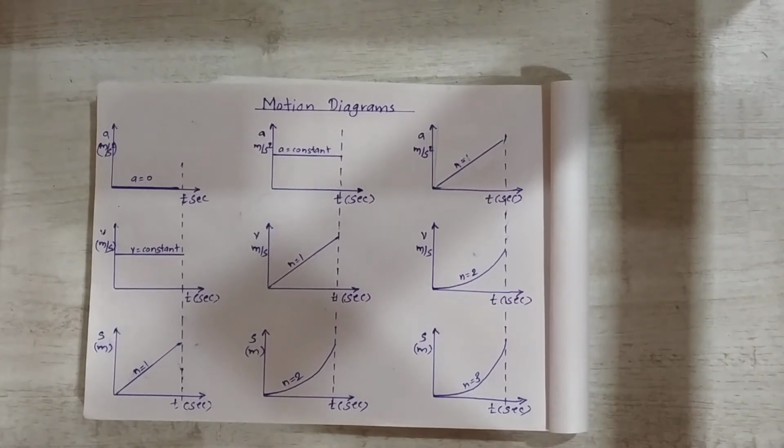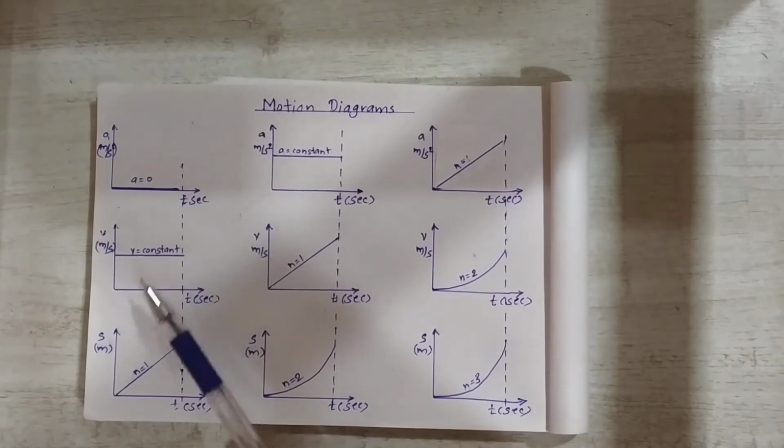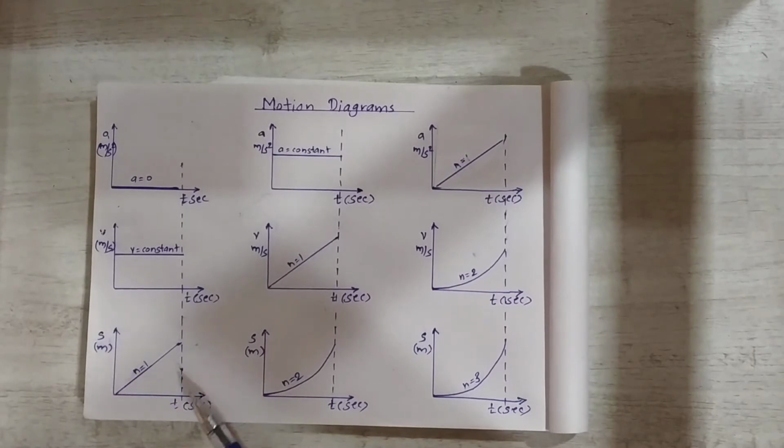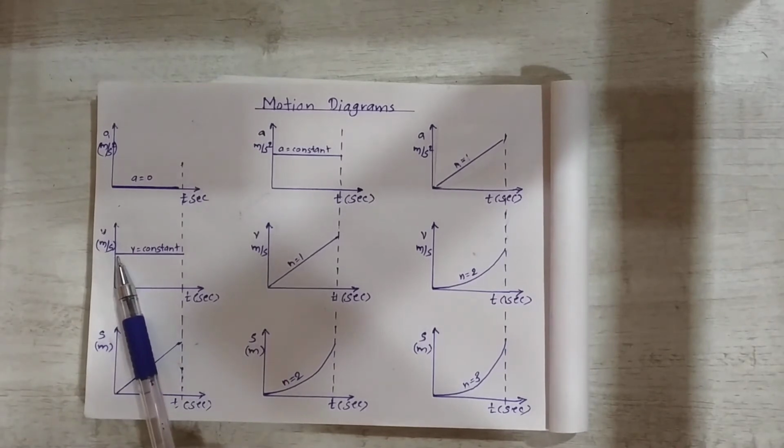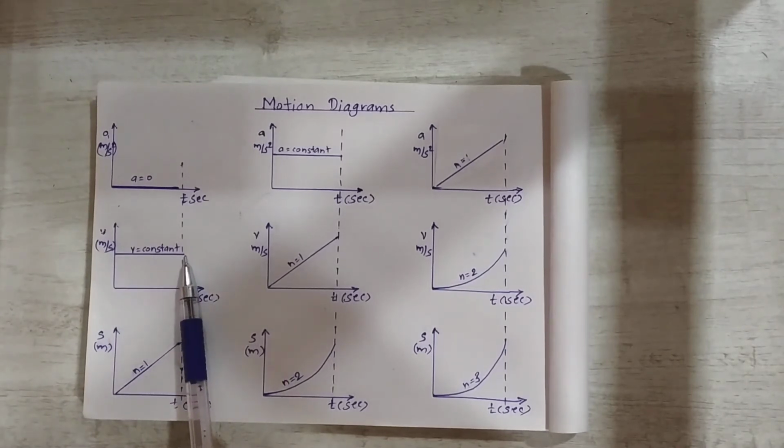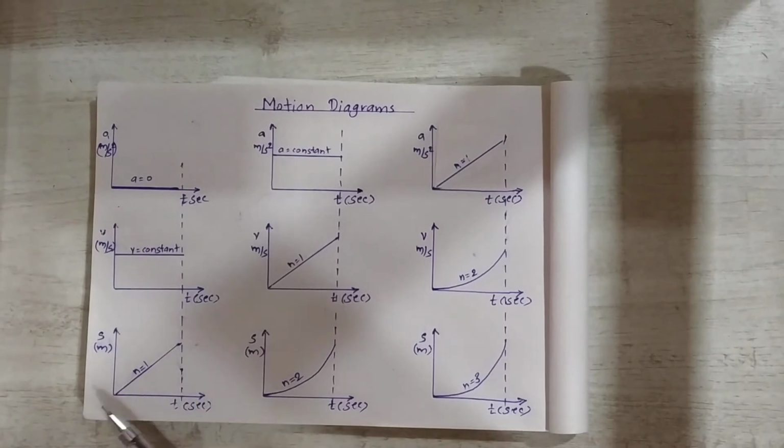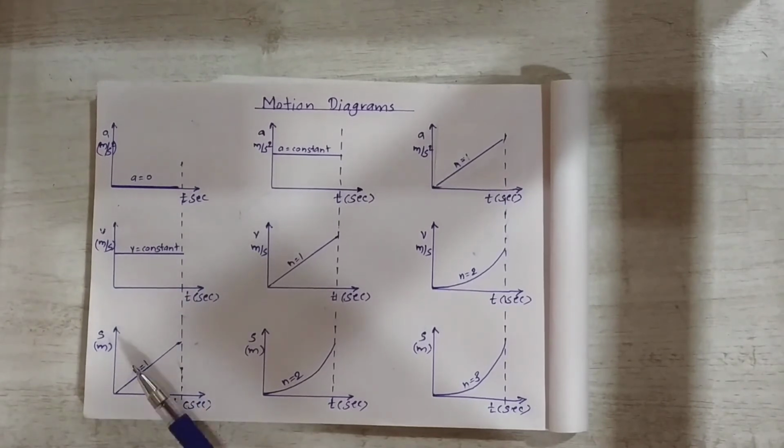Next, below the VT diagram there is always the ST diagram, the displacement time diagram. If our velocity is constant, it is represented by a horizontal line, and the line below that shows the displacement.